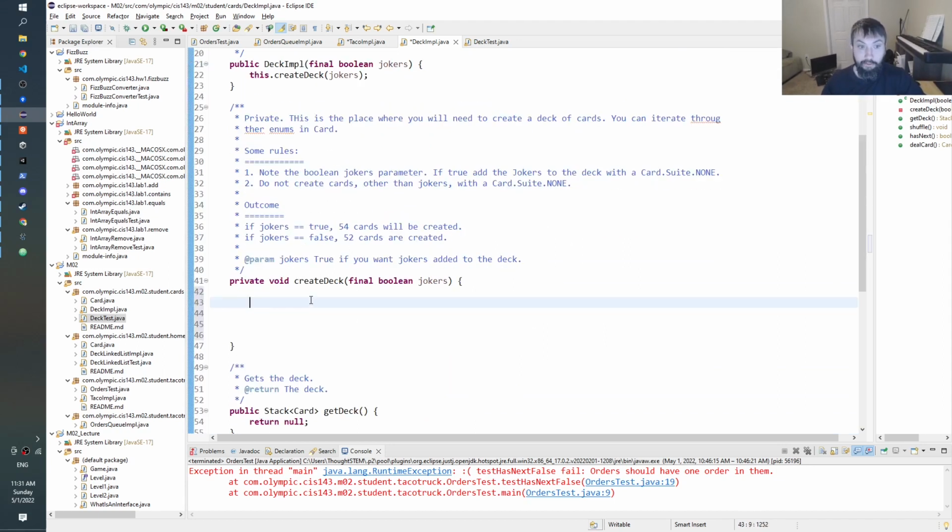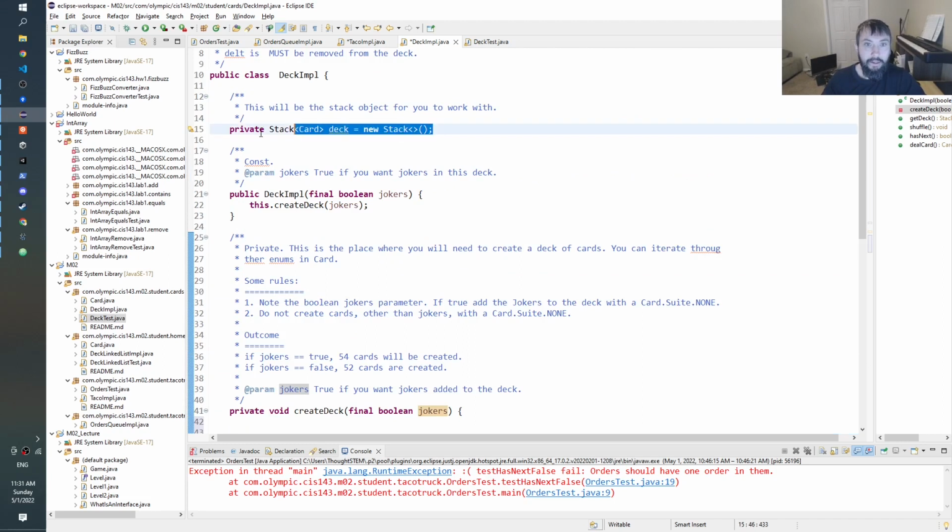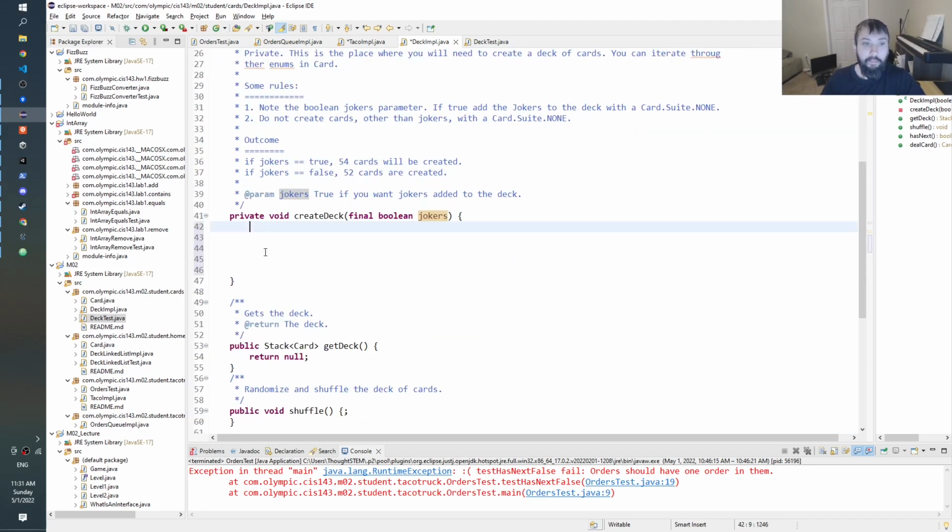So I haven't written it here, but most of you did. And you know that if jokers comes in and it's false, you'll do one thing. You'll add all the viable cards to the deck stack, excluding the jokers. And if it's true, you'll do the same thing, but with the jokers.